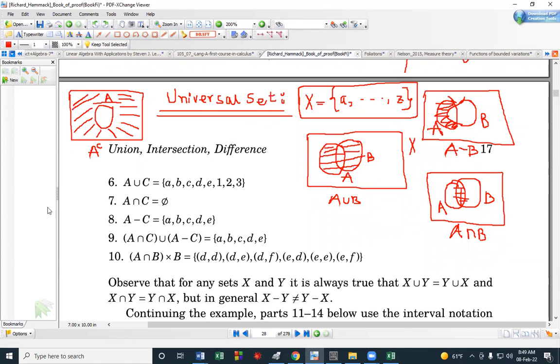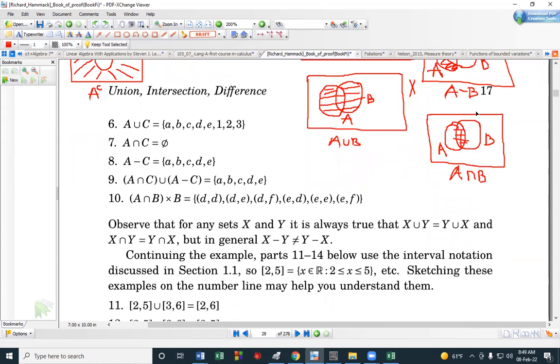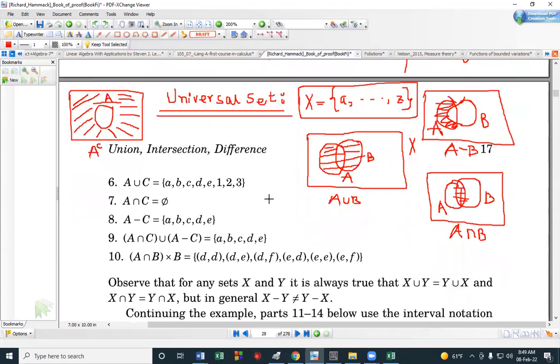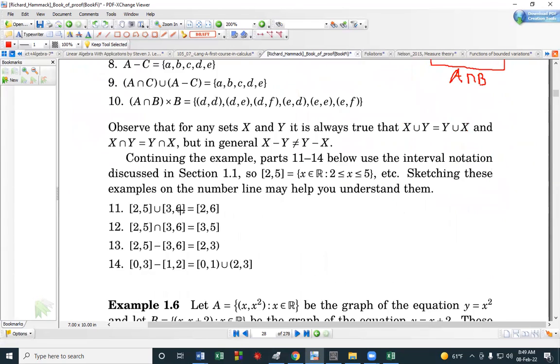If you have more than two sets, with the same idea you can represent them in a Venn diagram. For example, let me show you one diagram with three sets.